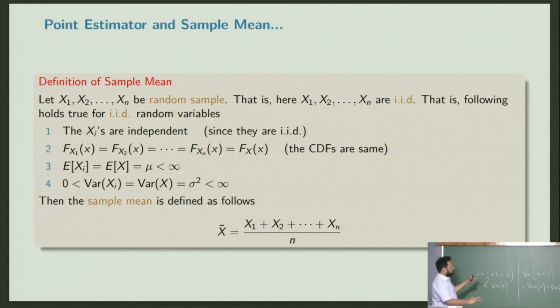So basically we want to combine both, and 1 by n is like a, and in place of y I have x2 plus x3, so we apply it recursively. So the variance of x bar is 1 over n square times the variance of x1 plus x2 and so on. Since the xi's are IID, all the variances are the same.